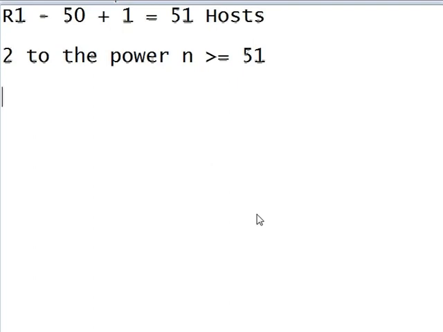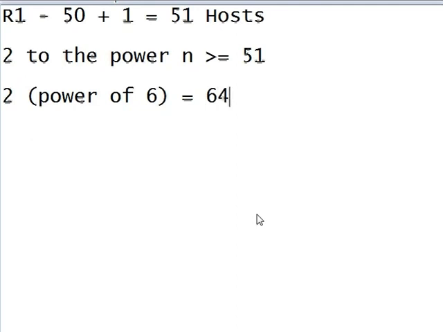So 2 to the power n we have to calculate. 2 to the power of 6 gives me 64.